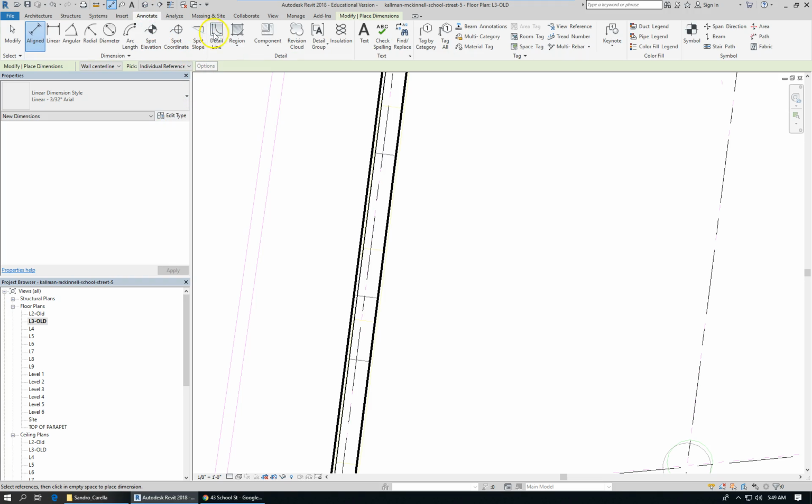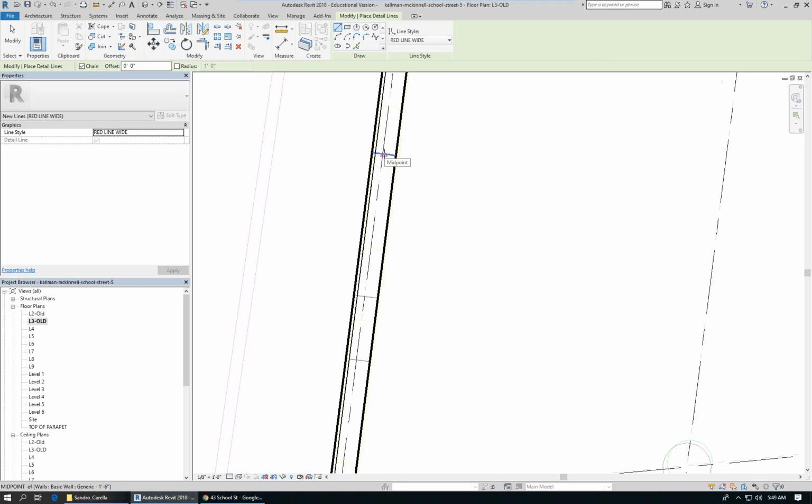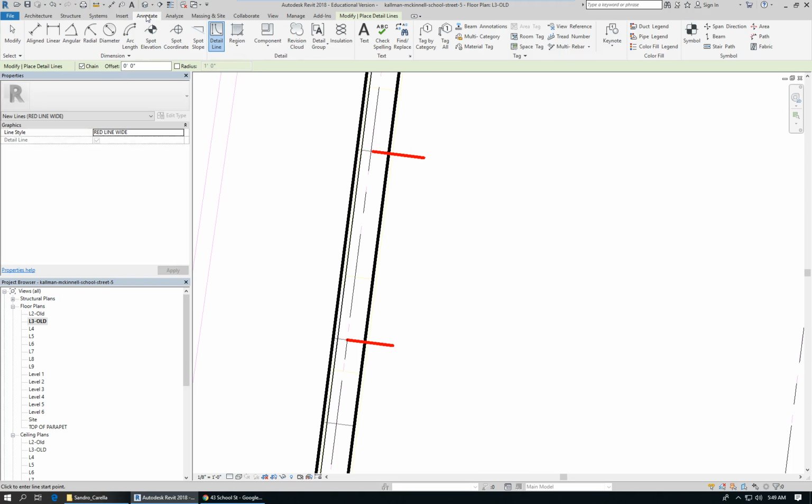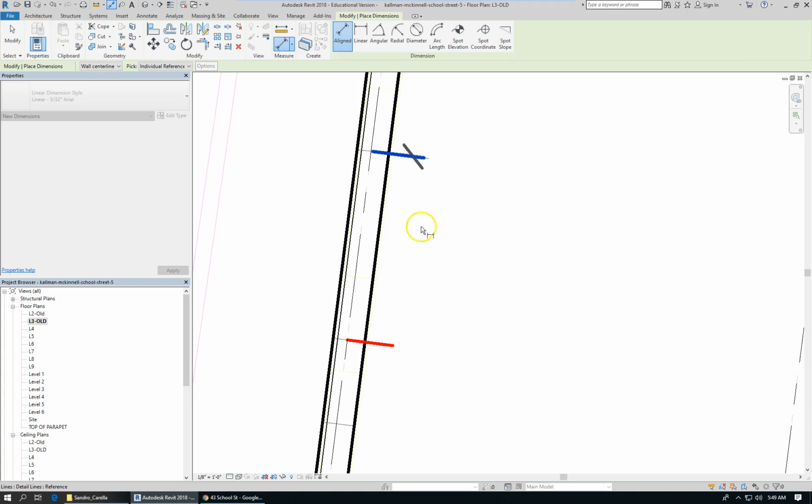Okay, so we'll draw a couple of annotation lines, perpendicular, and one there. It should not surprise us that the distance between those two lines is 9 feet. I'm placing 2 windows.